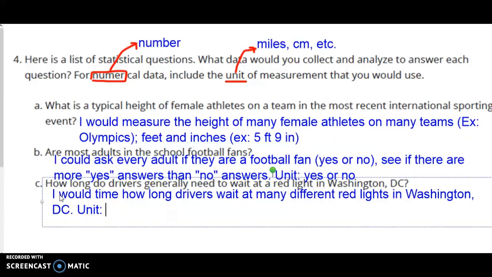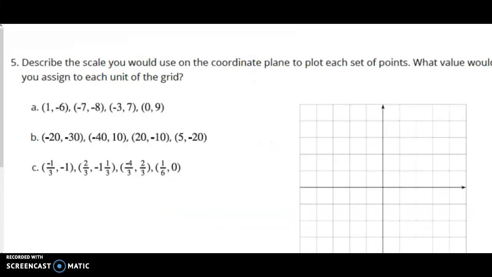So my unit, if I'm measuring in time, you don't wait at a light for hours. You don't even wait at a light necessarily for a full minute. So I would probably use seconds for this one.